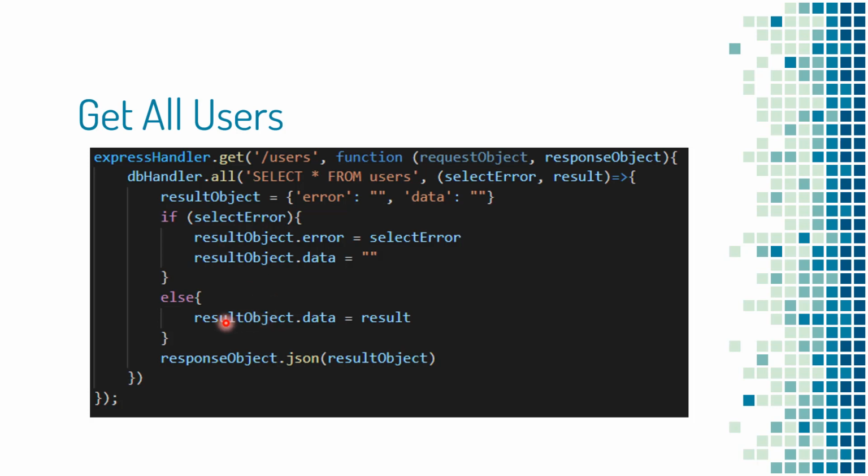But in case there's no error, that means I should receive some results coming from the database. Here I'm going to assign it to the data. And as you can see, the response object, I'm going to return it as a JSON. So this results object is going to be returned as a JSON.